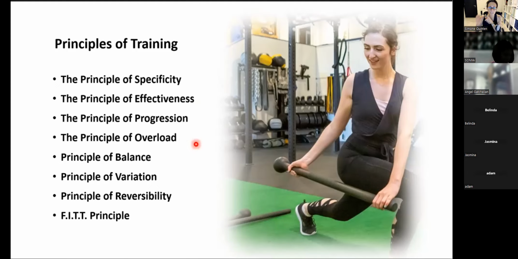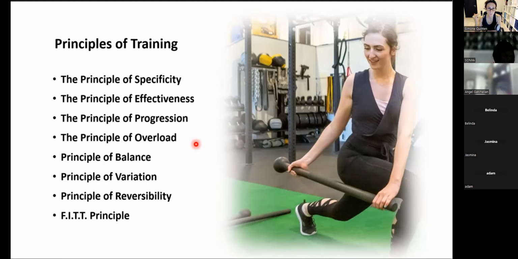It means, for example, when you are reaching a certain milestone and there is no more progression, you need to work beyond a certain workload that your client is accustomed to.